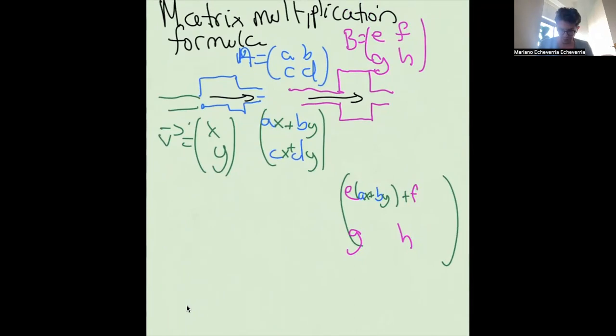And then f was multiplied by the second entry of the vector. That's a better way to say it. It's just that now the second entry of the vector is this one. So you put here ax plus by, and now you do the same for the second one.